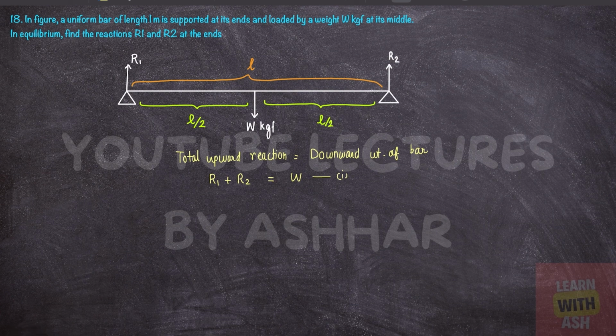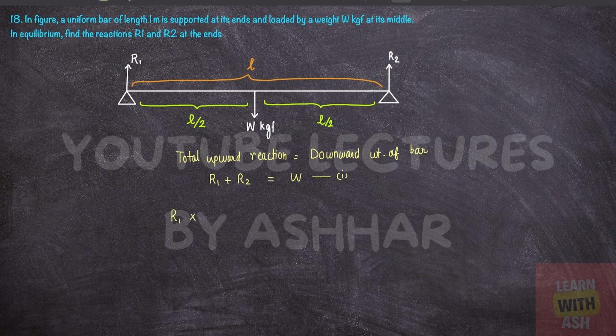After that, if we just focus on these two, I can say that both of them are playing the role to balance this part for it to be in equilibrium. So for it to be in equilibrium, first of all I can say that R1 into how much?